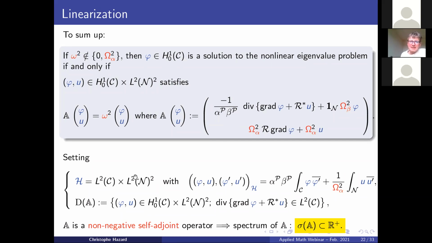It is easy to see that this A defines an unbounded, non-negative, self-adjoint operator, provided that you choose the Hilbert space L2 for phi, L2 for u, and you choose properly the coefficients of the inner product for this Hilbert space, and the domain of this operator is simply chosen such that both quantities here are in L2.